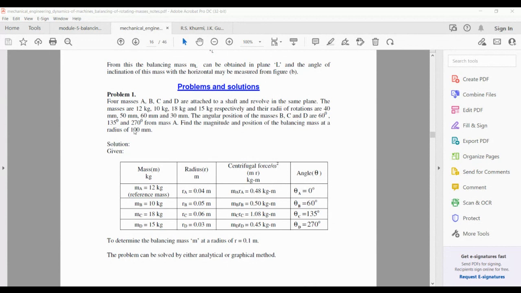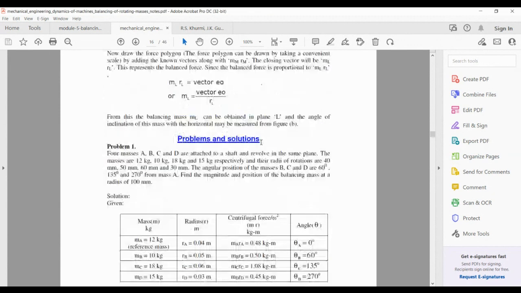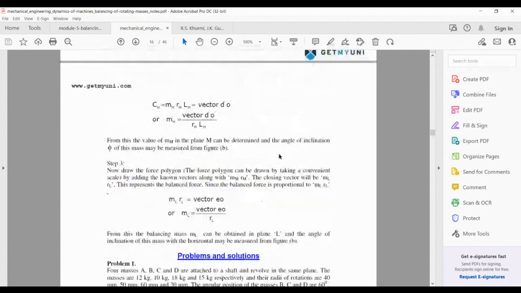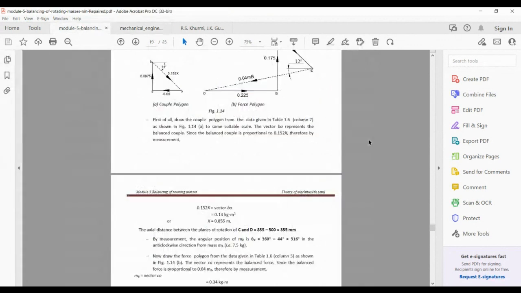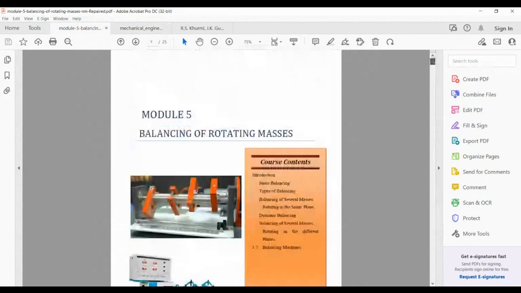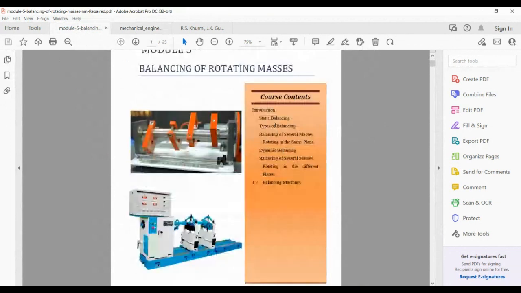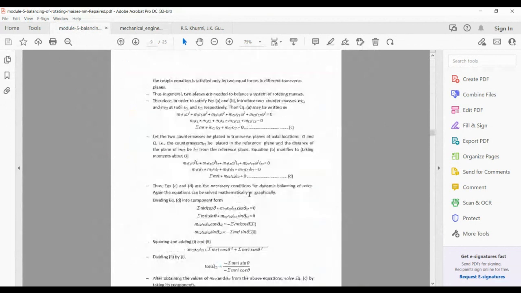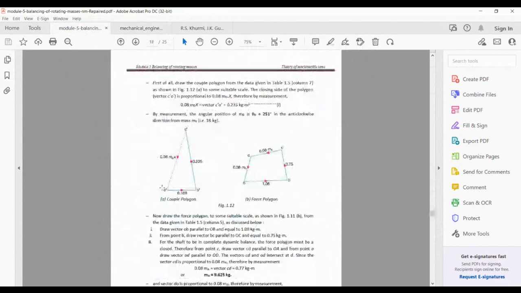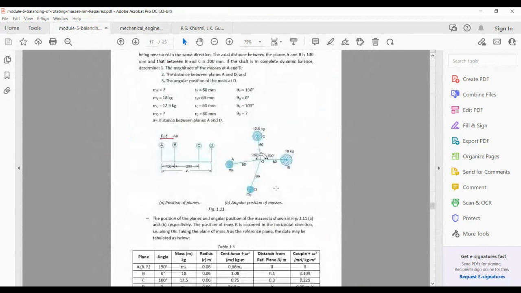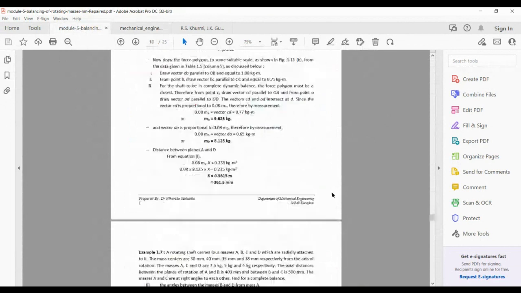I left you with this particular problem, and I wanted to make you aware of what's on Blackboard: these two great notes. They have problems and solutions. There's one note which looks like that, and we've got a lot of problems and solutions. So I highly recommend you use this as practice, especially for your exams.